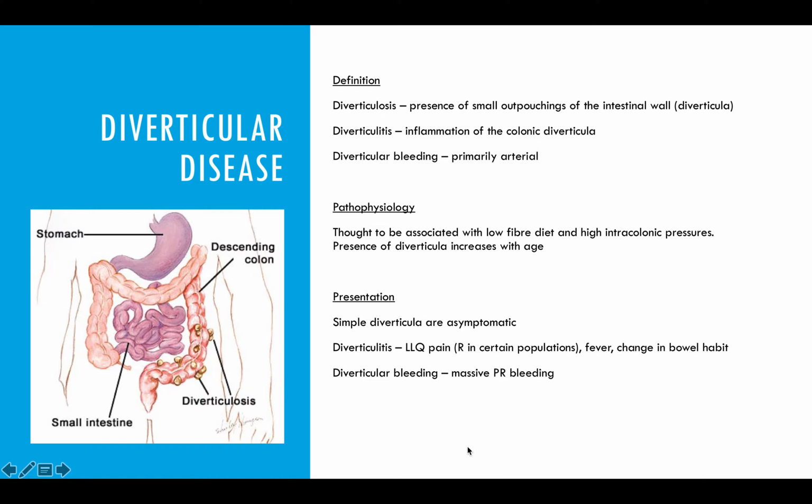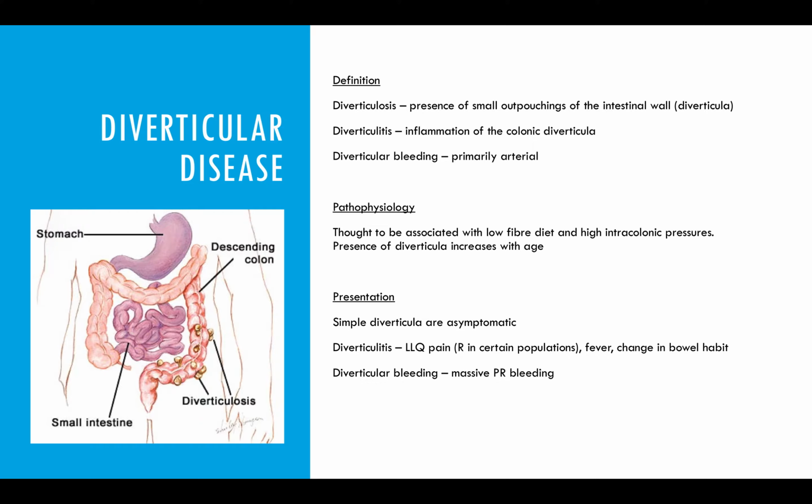In terms of presentation, simple diverticular disease, if that's all it is, is asymptomatic. Diverticulitis is often left lower quadrant pain, like I said, possibly on the right side in certain populations, those Asian populations. They often get fever, almost like a mild flu-like illness, a little bit of fever and feeling generally unwell with some malaise.